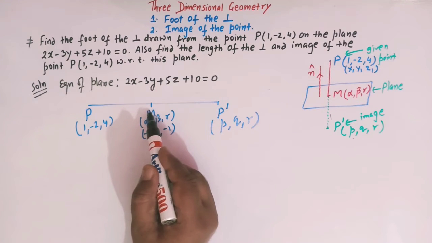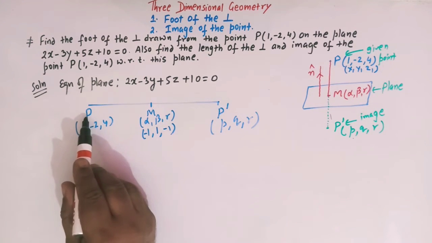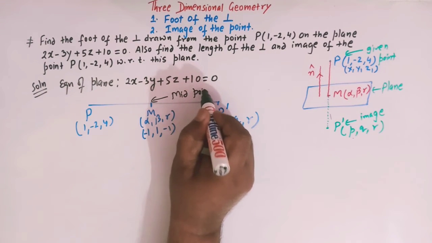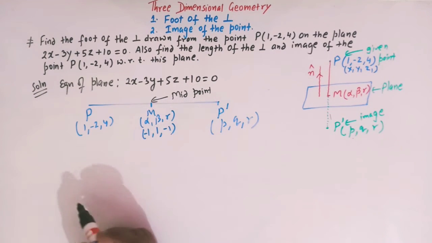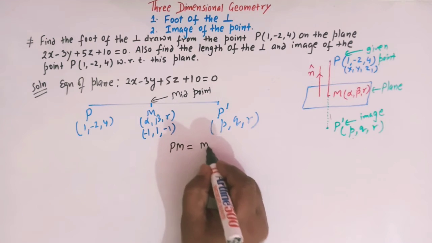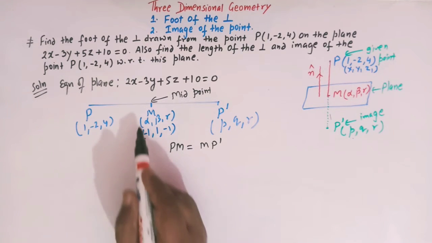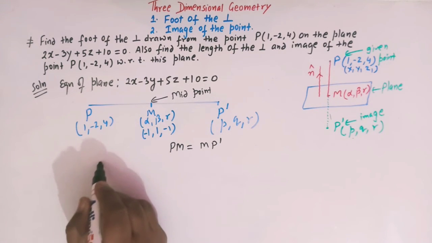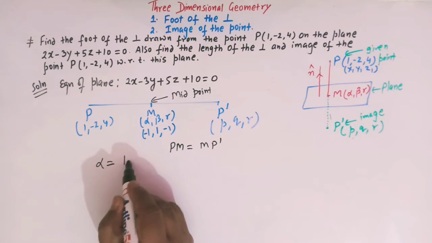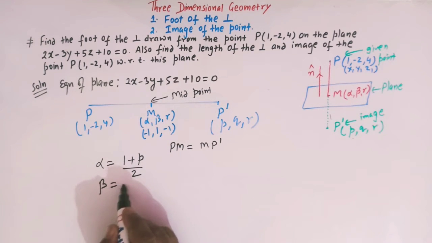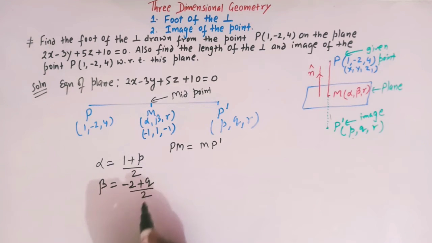So we have this line segment PP dash, and M is the midpoint of PP dash, right? So PM is equal to MP dash, and we can here apply the midpoint formula. So alpha is equal to 1 plus P over 2, beta can be taken as minus 2 plus Q over 2, and gamma can be taken as 4 plus R over 2, right?